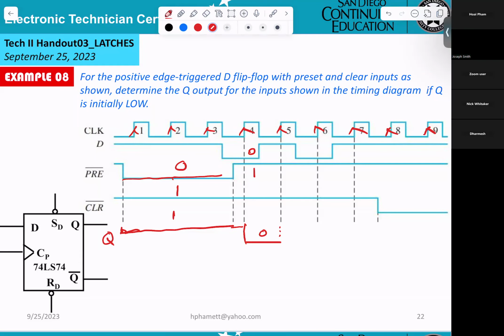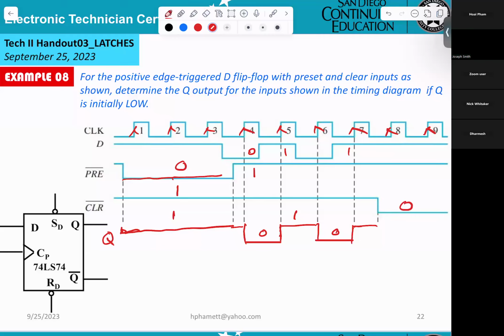The next clock, D equals 1, so Q equals 1. And this clock, D equals 0, Q equals 0. And this clock here, D equals 1, Q equals 1. It's supposed to be 1 up to this point.